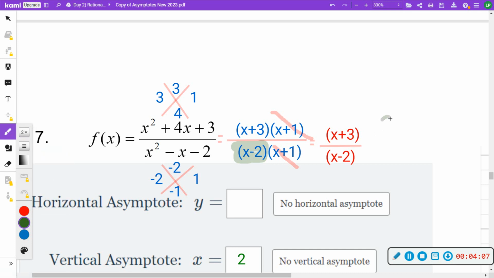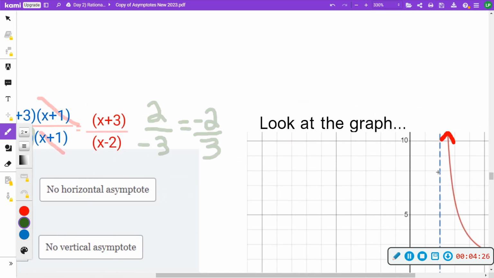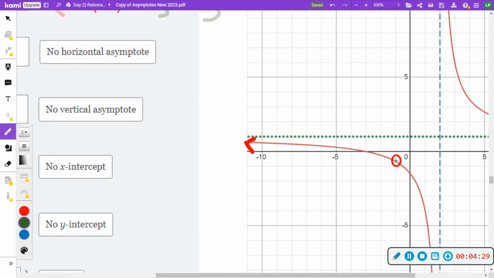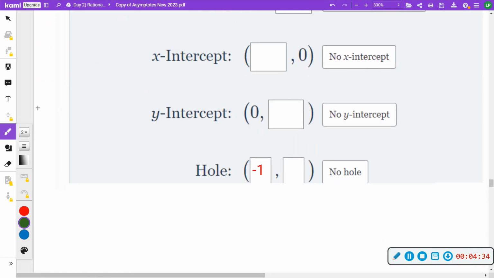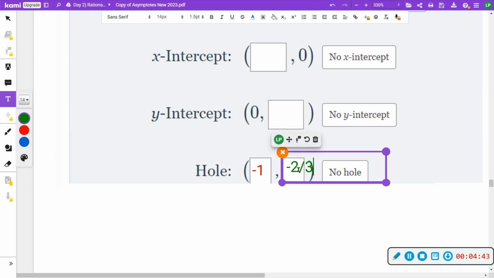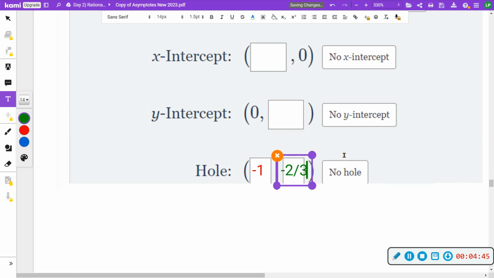Negative 1 plus 3 is 2, and negative 1 minus 2 is negative 3. Normally we pull the negative up, and that gets negative 2/3. Remember, negative 2/3 is negative 0.66666. If I look at my graph, negative 1 looks to be about 2/3 of the way down. So I know that my hole is at negative 2/3, at least the y value is.